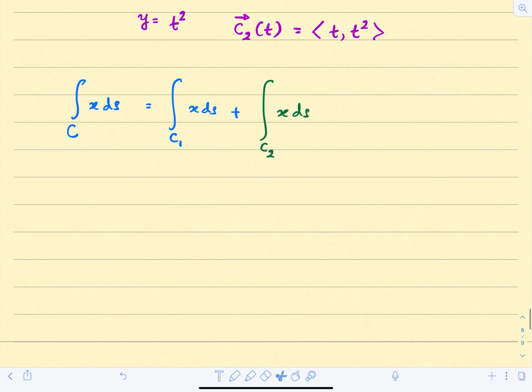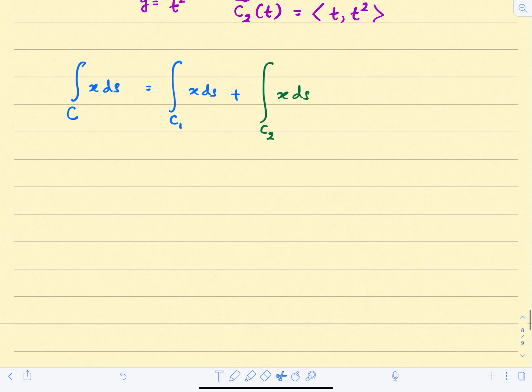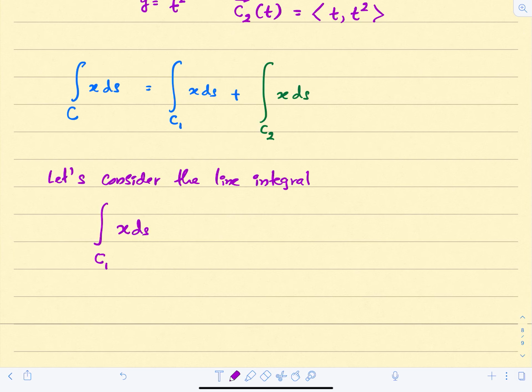Now I'm going to solve this line integral first, and then I'm going to do the second line integral. So let's consider the line integral of x ds over the curve C1.